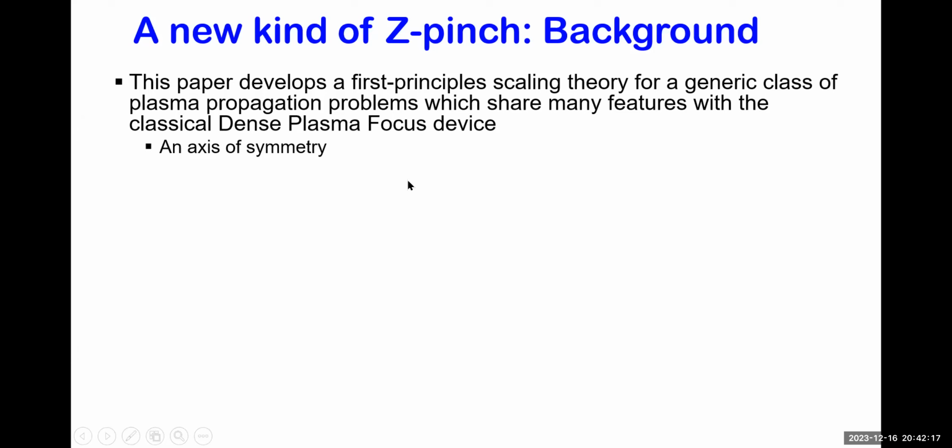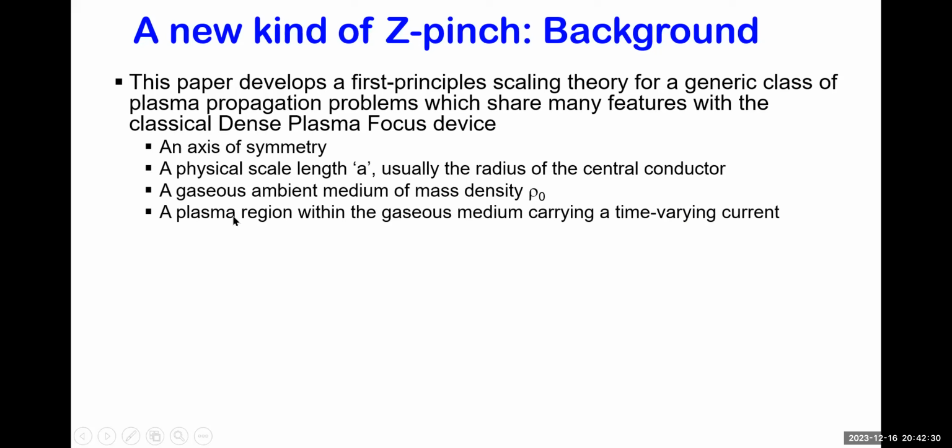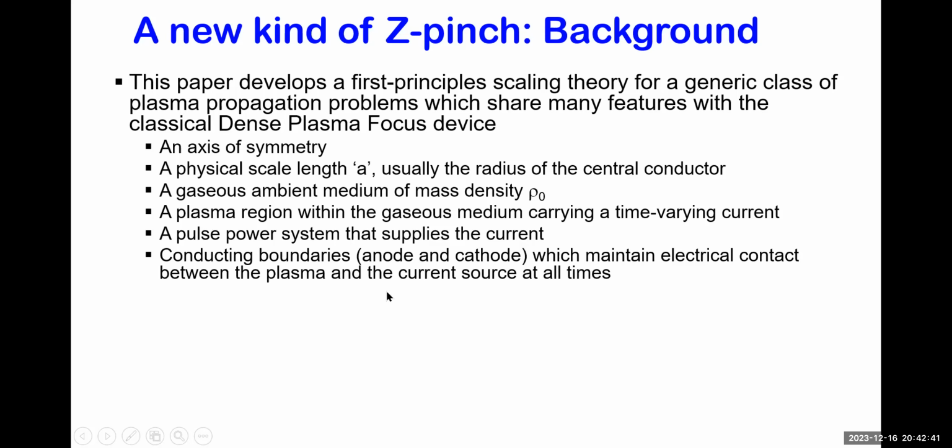These are an axis of symmetry, a physical scale length A, which is usually the radius of the central conductor, a gaseous ambient medium of mass density ρ0, a plasma region within the gaseous medium carrying a time-varying current, a pulse power system that supplies the current, conducting boundaries such as anode and cathode, which maintain electrical contact between the plasma and the current source at all times, and an initial surface where plasma formation begins.